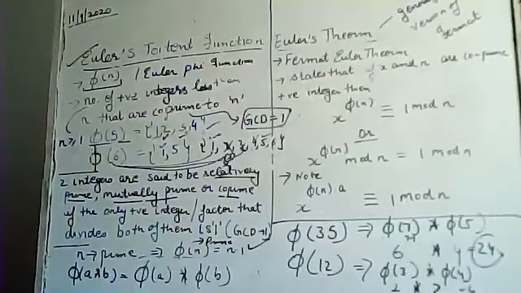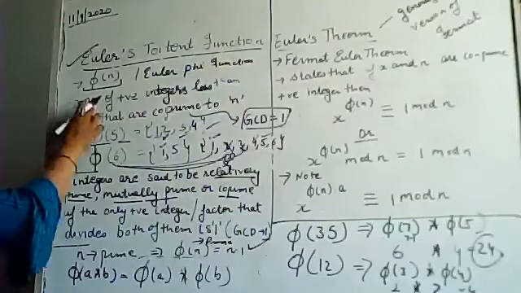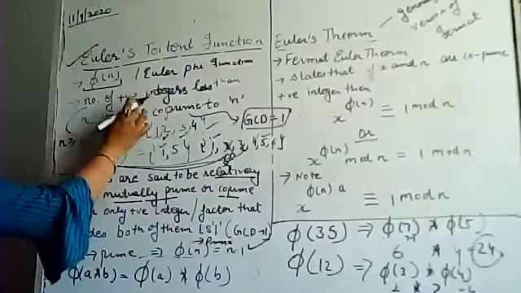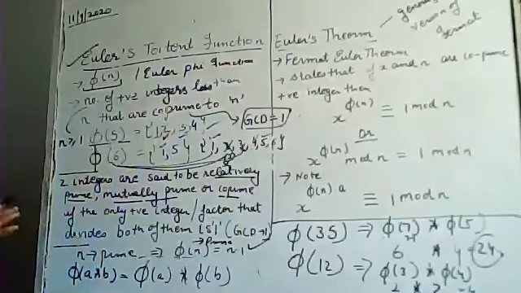What a Euler totient function basically does is tell you the total number of positive integers less than n that are co-prime to n. By co-prime we mean that the GCD value is 1. GCD is the greatest common divisor. So we will see that the greatest common divisor of these numbers should be 1.